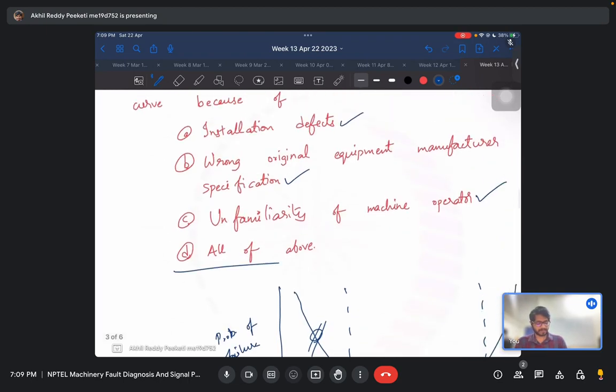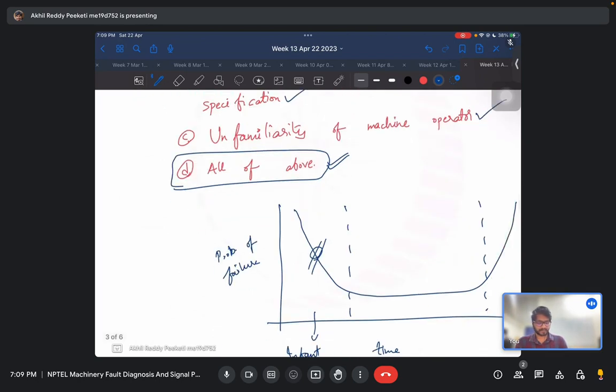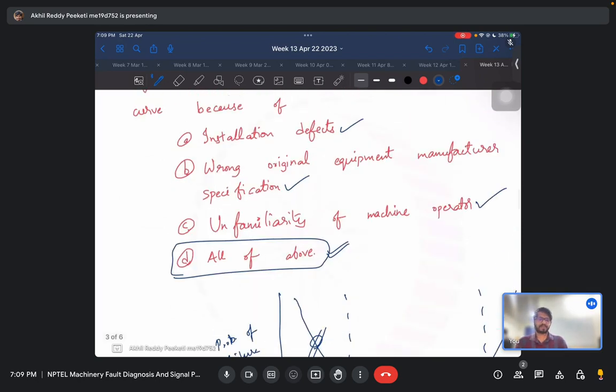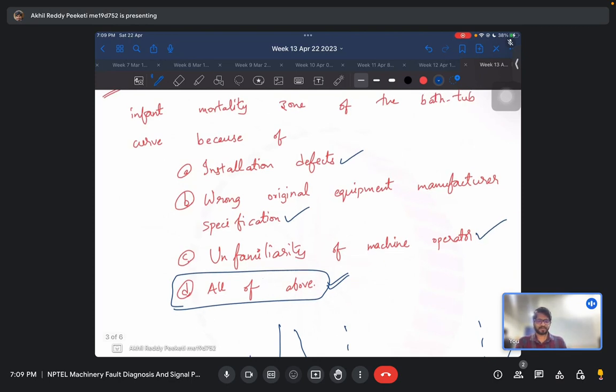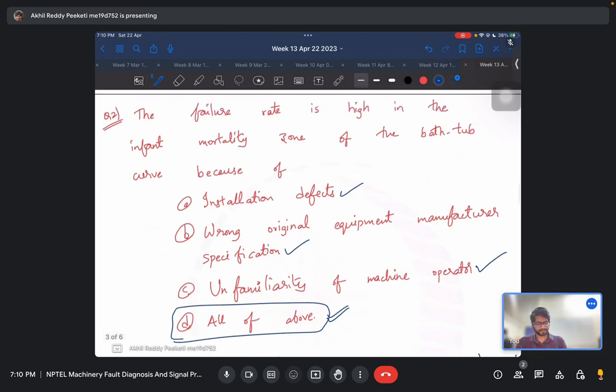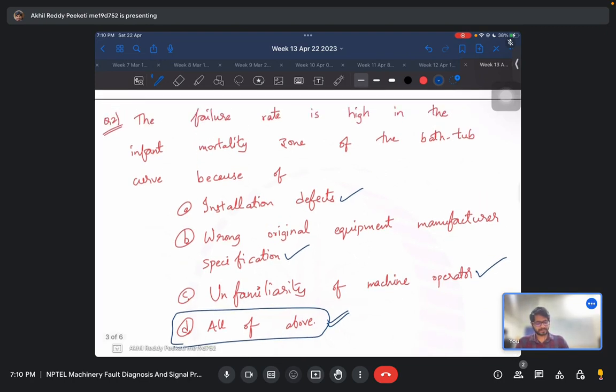Once these are all fixed, the failure rate will be pretty low and the machine will work without any maintenance. And at the end of the life cycle of the machine, again due to fatigue, wear and tear, the failure rate will be higher. So the failure rate is high in the infant mortality zone because of installation defects, wrong original equipment manufacturer specification, and unfamiliarity of the machine operator. All these are possible.